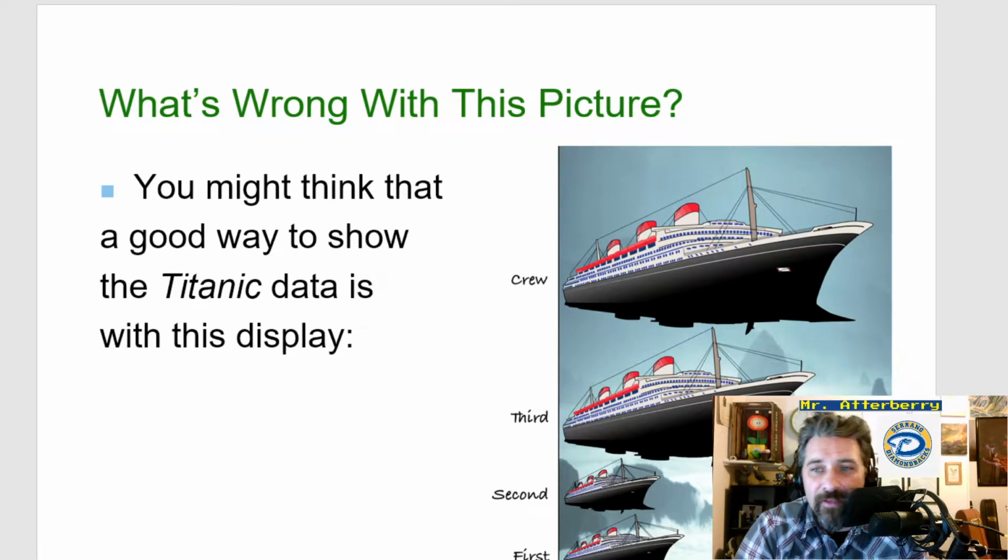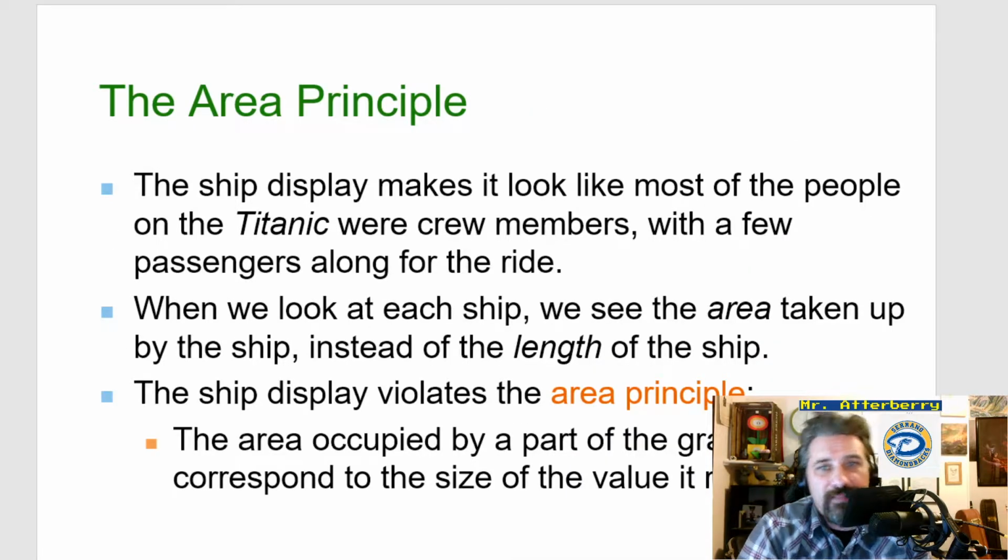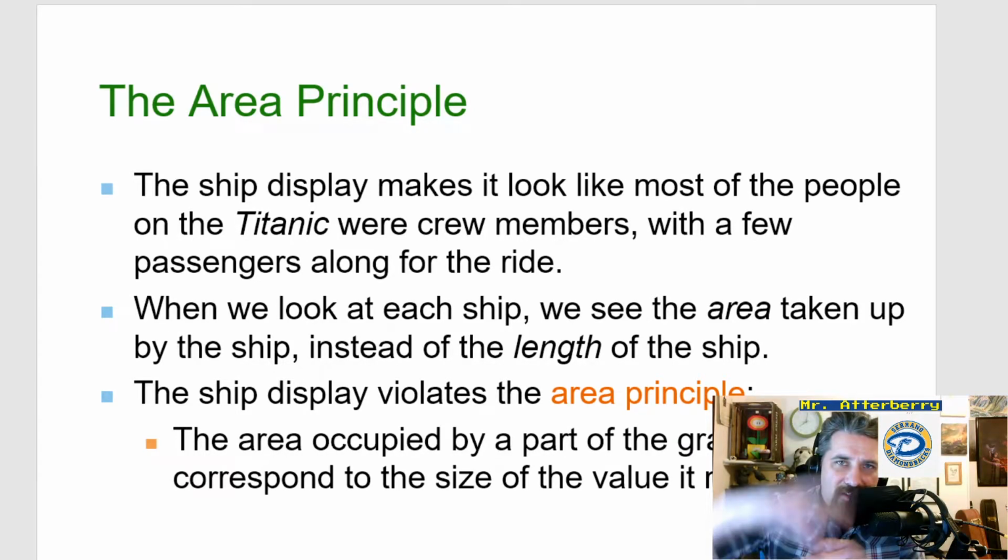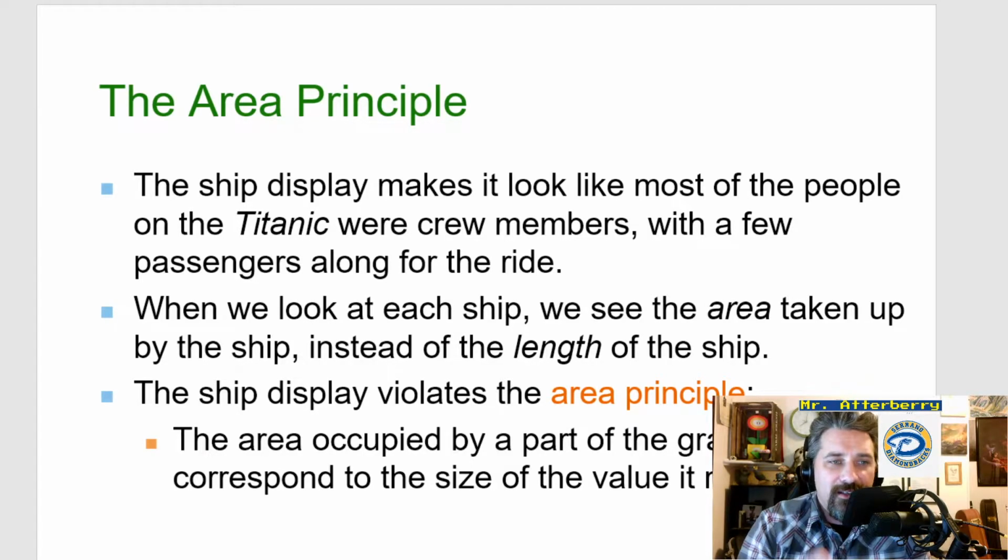The general rule is what's called the area principle. The area principle states that the area occupied by a part of the graph should correspond to the size of the value it represents. So sometimes when you have these pictures that are odd shapes, you're using a picture of a ship to represent a distance on a bar.